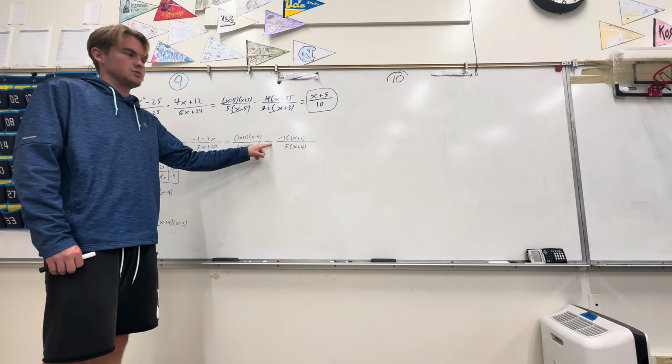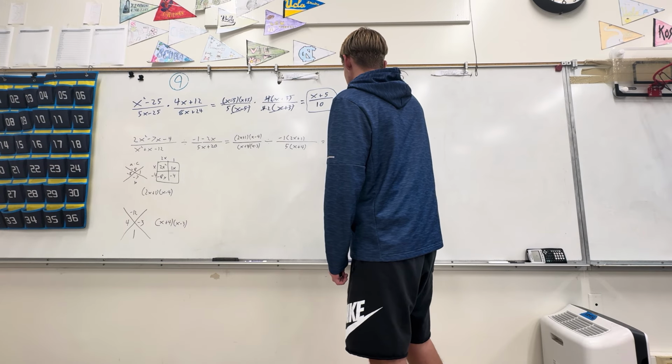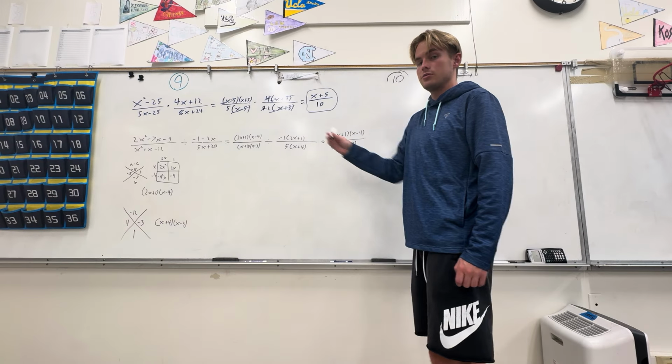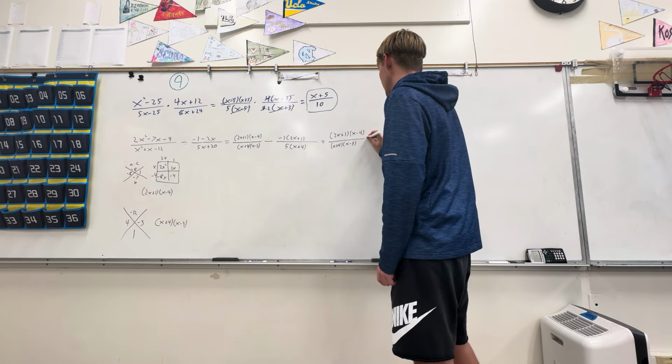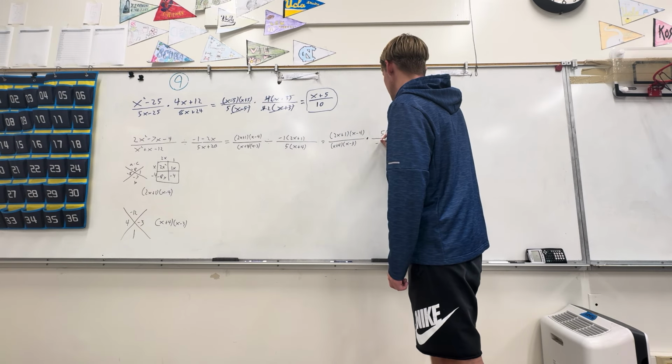Equals, this stays the same. We're going to change that to a multiply. And we just have to flip these two. So now we have 5 times x plus 4 on top. And we have negative 1 times 2x plus 1 on the bottom.